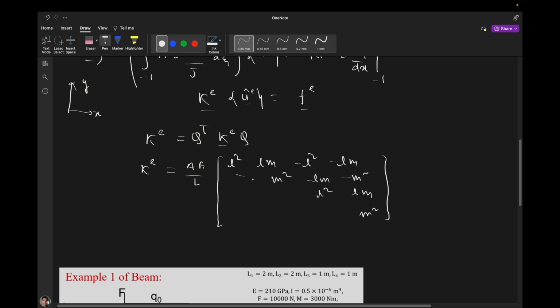Since it is symmetric, whatever the upper part is, there will be the lower part also.